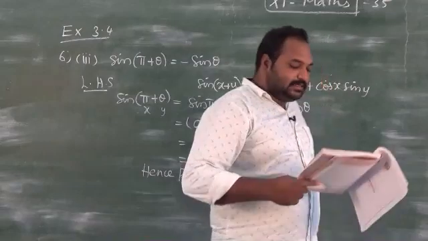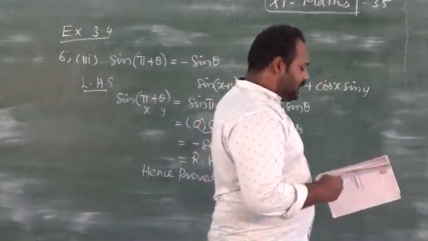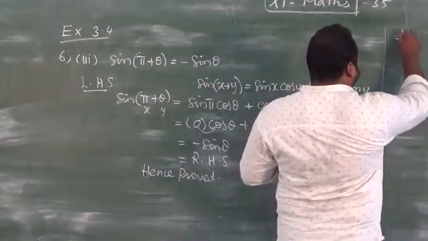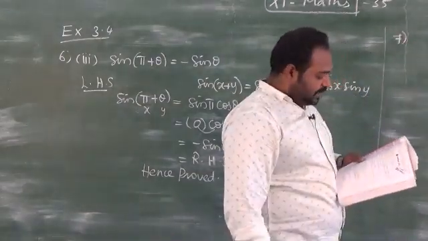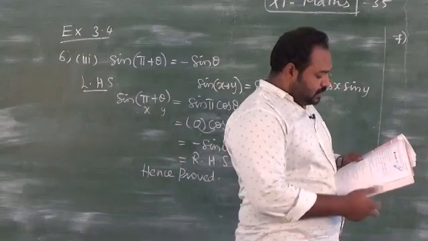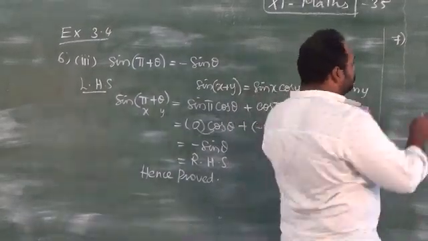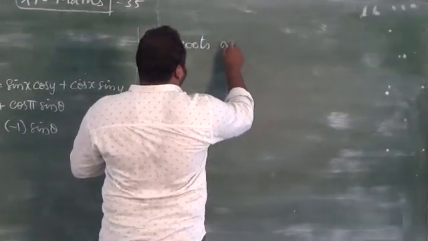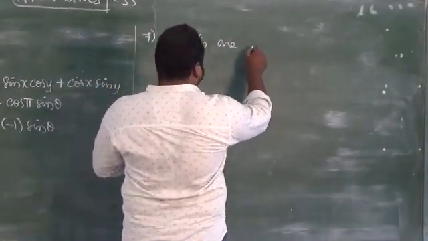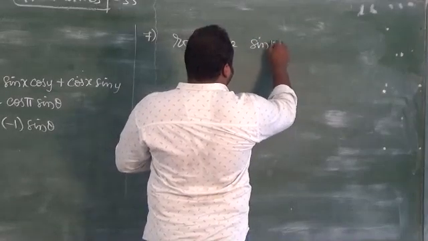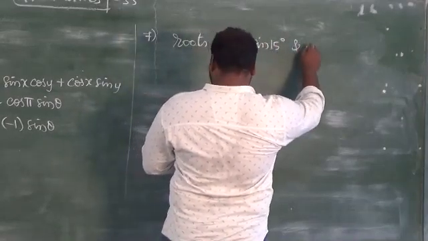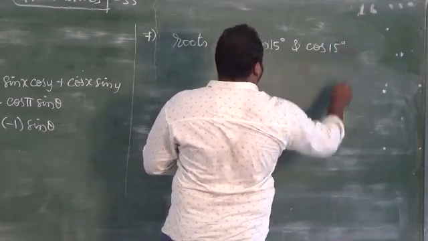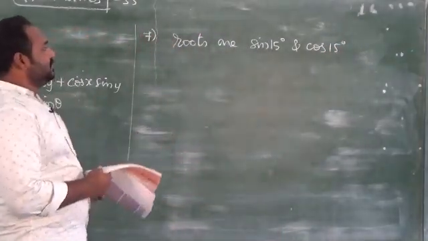Problem number 7 is find a quadratic equation whose roots are given. Two roots are given. Roots are sin 15 degree and cos 15 degree. So here two roots are given.